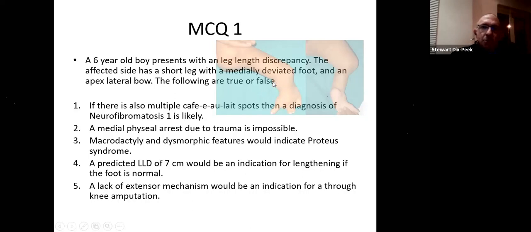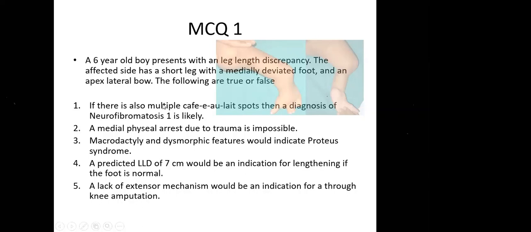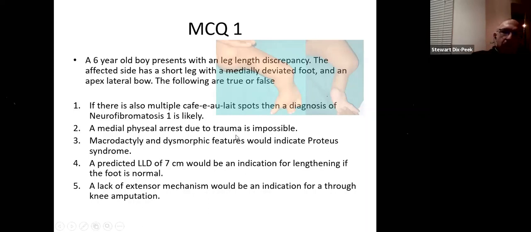The following are true or false. Now be careful, because this is a straight MCQ, and it's going to have told you in the blurb at the beginning that one or more may be correct, and you may or may not have positive or negative marking. You get how it's going to go. I spoke to Michael about this earlier today: if there are multiple cafe spots, then a diagnosis of NF1 is likely.